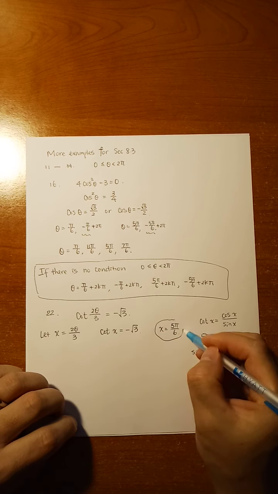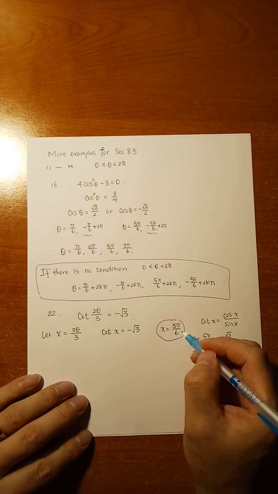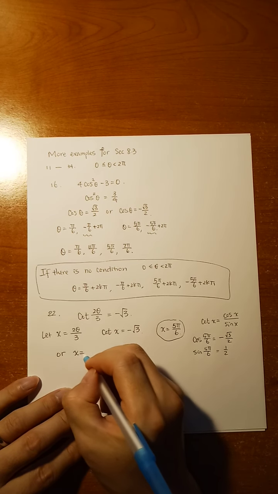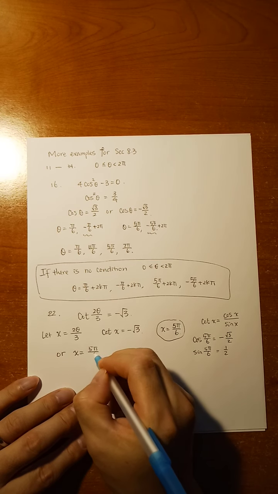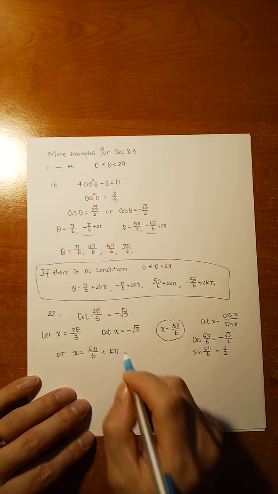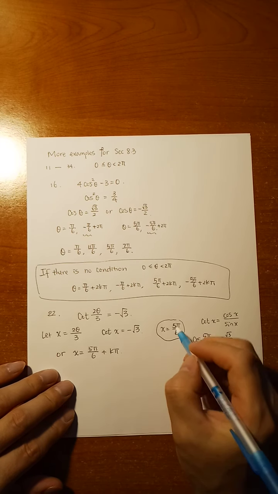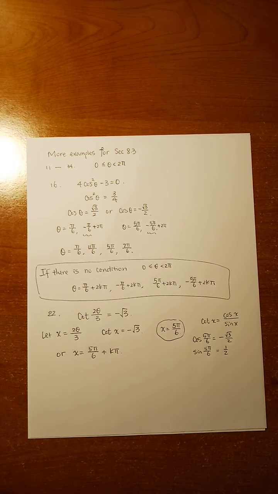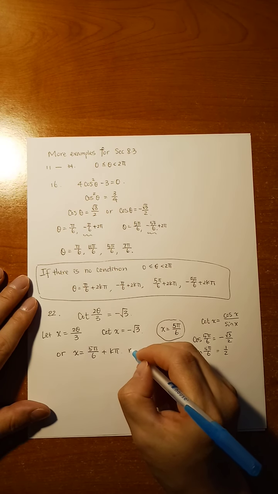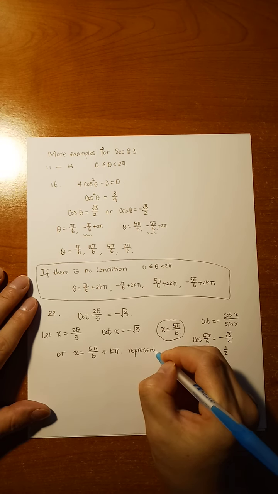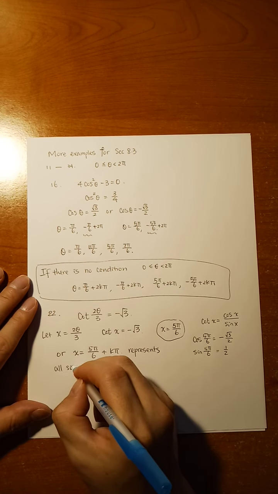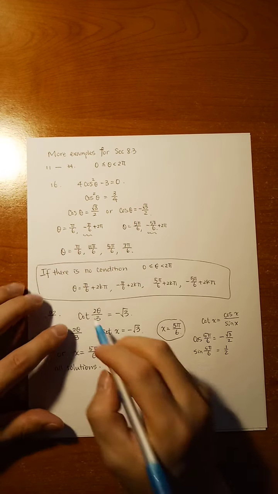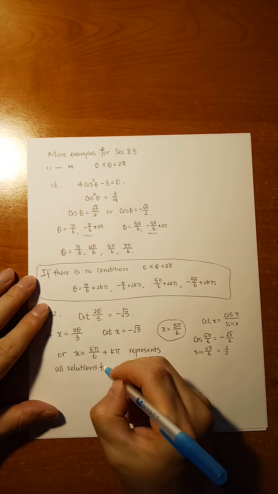So x is equal to that, or x can also be 5 pi over 6 plus k pi. Be careful, here you need to add k pi. This is a special point. Once you get one special point, you add k pi to get all solutions. I don't say all solutions satisfying the condition, but it represents all solutions for this equation.